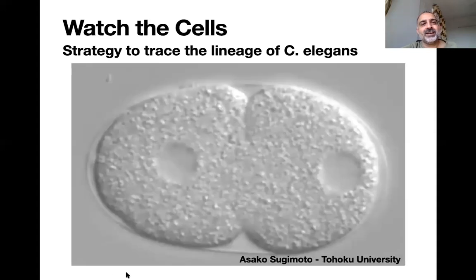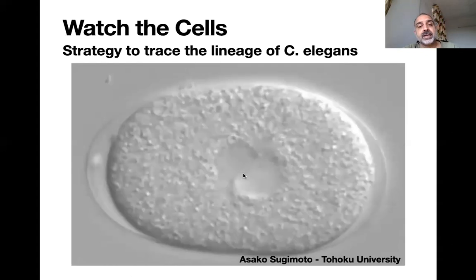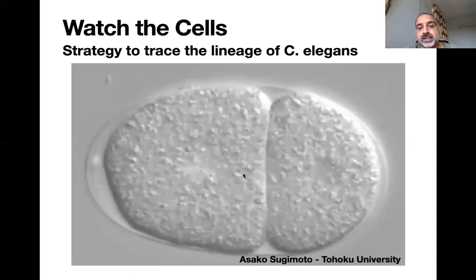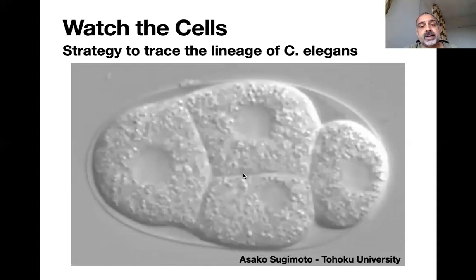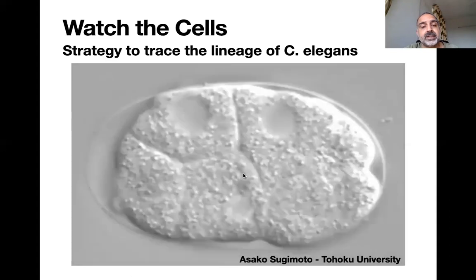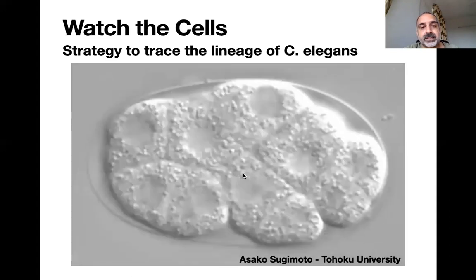Yeah, that's exactly right. The easiest way is to watch cells. If your model system is tractable enough, you can just look at how the cells are developing. And C. elegans is a classic case. The C. elegans embryo is transparent, and the cells always give rise to fixed descendants.